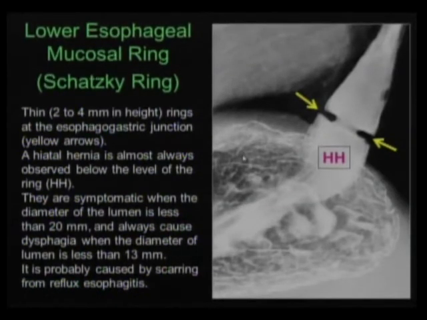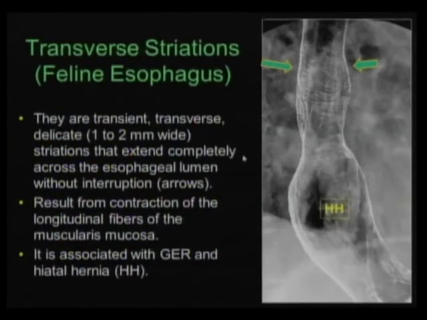They are symptomatic when they measure less than 20 millimeters and almost always cause dysphagia when the diameter is less than 30 millimeters. For detection of these rings, sometimes we have to use the barium pill. So we use it in those cases. It's probably caused by scarring from reflux esophagitis.